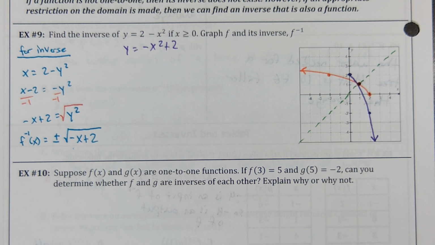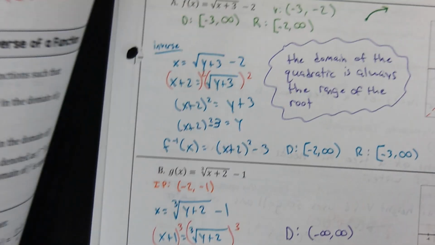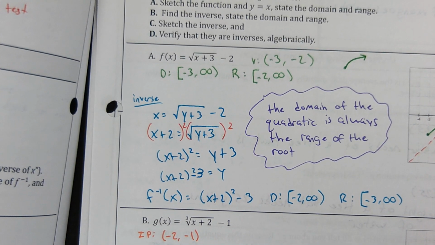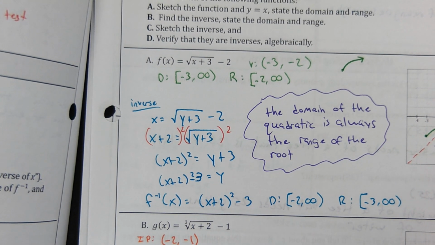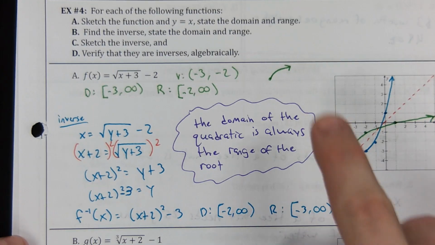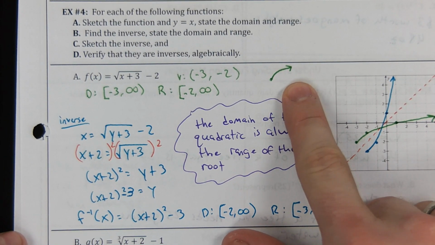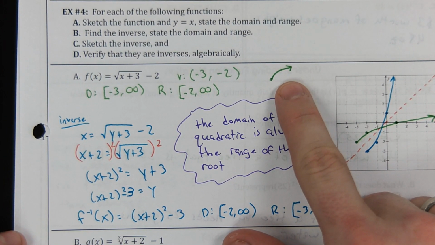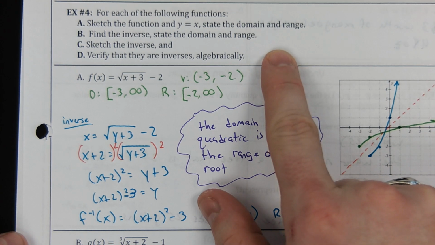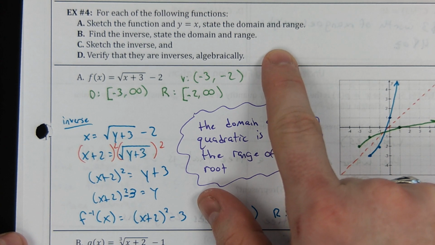Remember, please, from yesterday, when we talked about these square root graphs, where did I do this? Right here, when we were looking at this slide. I said, if the number on front is positive, it points up because the positive y-axis is up.